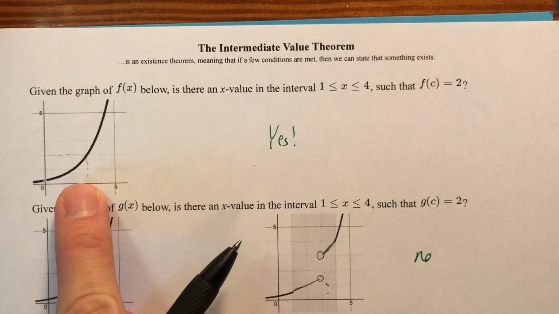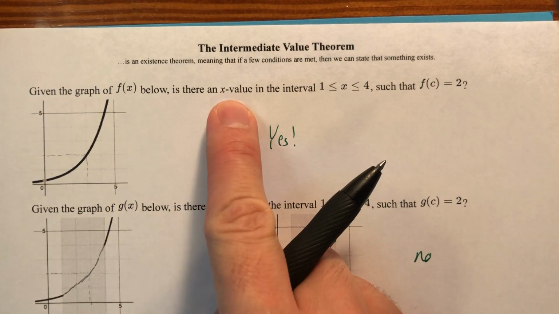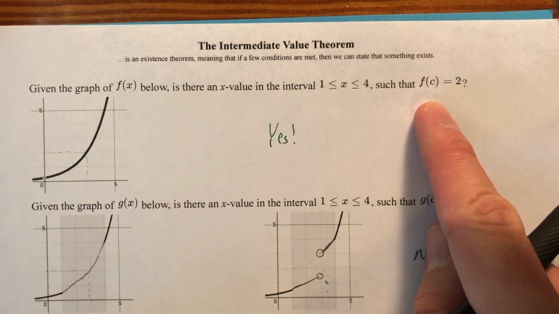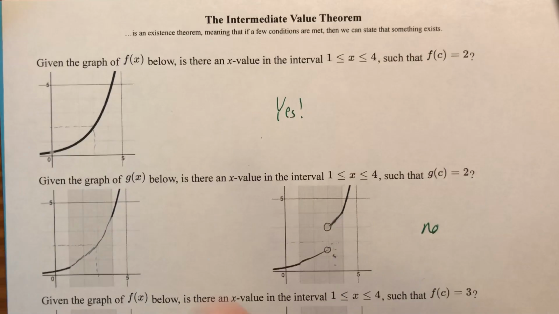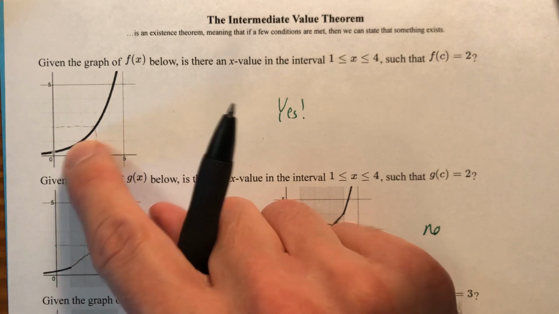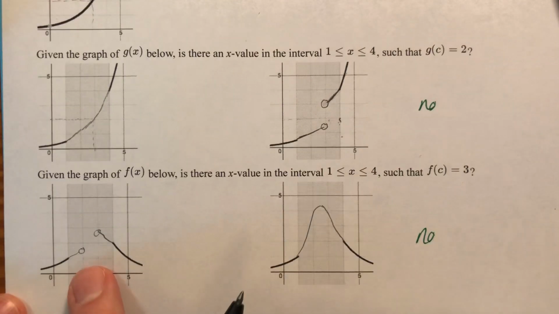So here's the situation that we have explained so far. Yes, we could guarantee that there is an x value with a specific output only when we saw some continuity. We can't always guarantee the continuity, right?